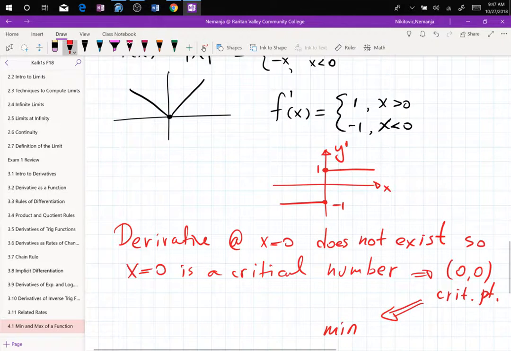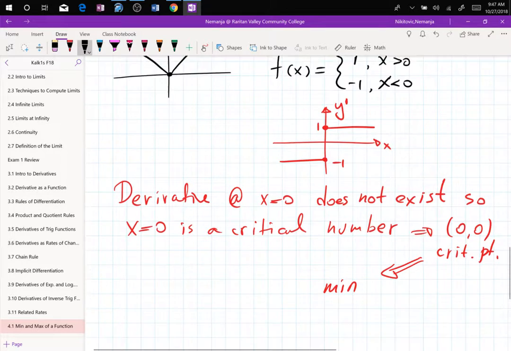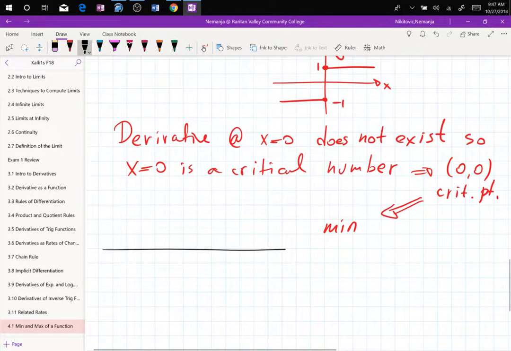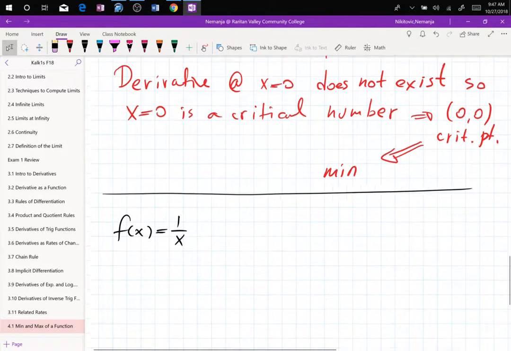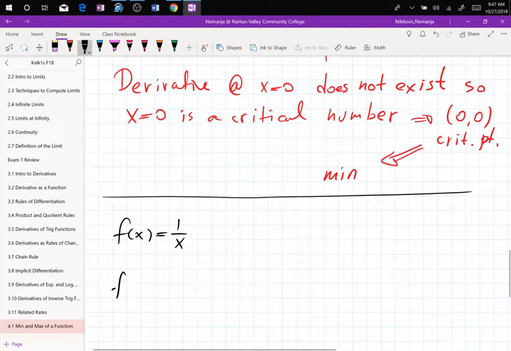Another example, our friend 1 over x. f of x equals 1 over x. Well, immediately f prime of x is equal to negative 1 over x squared. So that's the derivative.